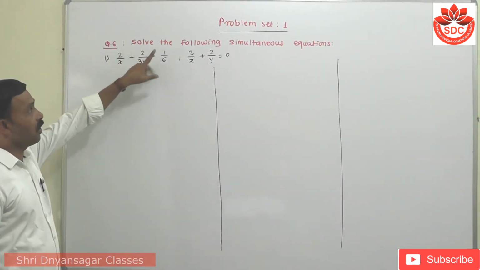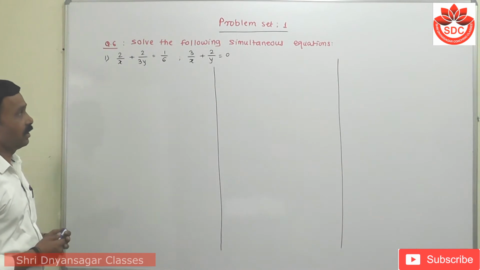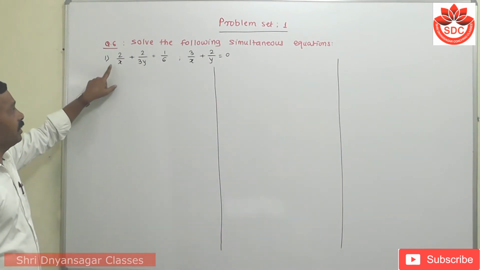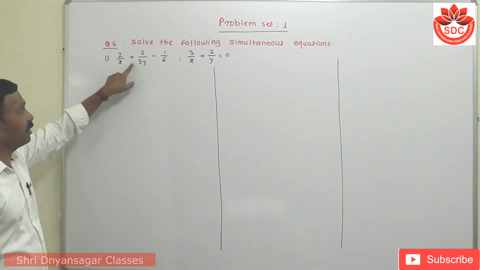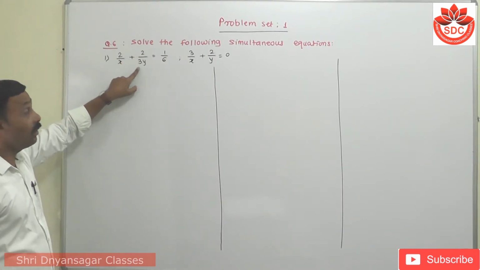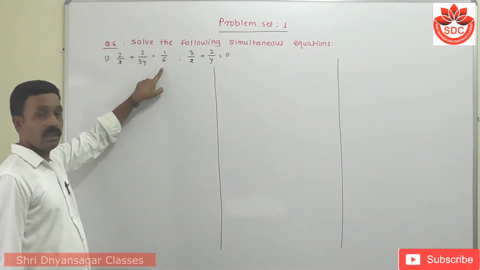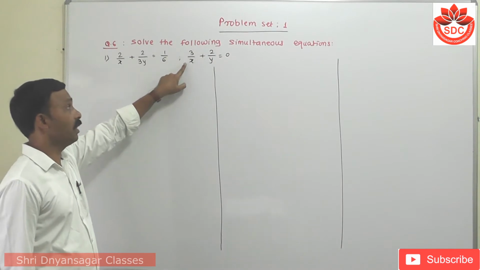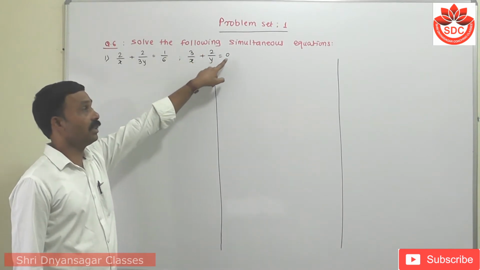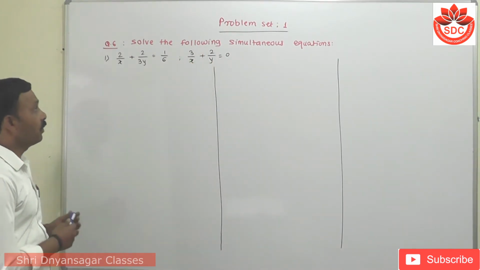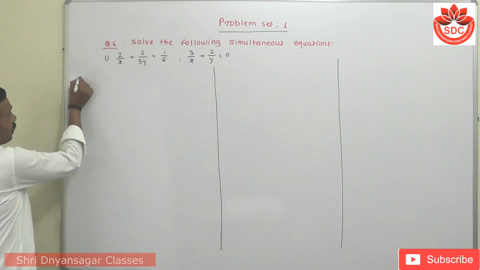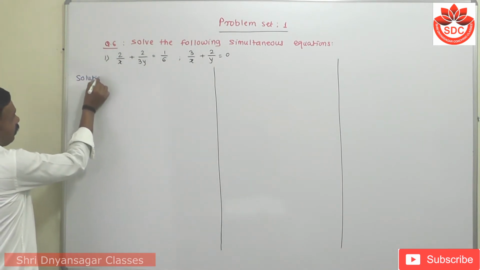Question 6 is: solve the following simultaneous equations. The first one is 2 upon x plus 2 upon 3y is equal to 1 upon 6, and the second equation is 3 upon x plus 2 upon y is equal to 0. For solving this, I have taken the solution.